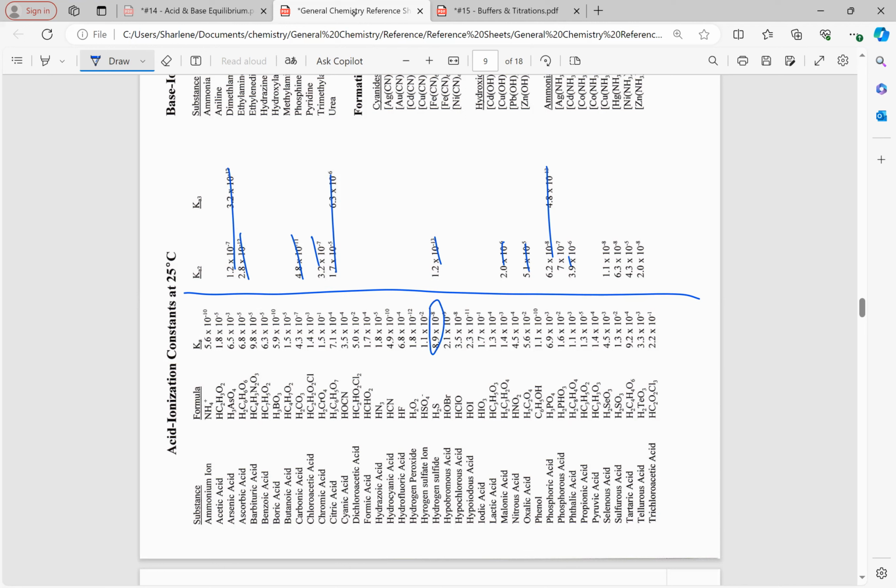That one is, except it's polyprotic. Anybody closer? Don't forget, just because it's in the -8s, look just a little bit above and below, because I need the one that's the closest. This one's nice, but it is polyprotic, so I'm not going to use that one. So I'm going to use hypochlorous acid at 3.5 times 10 to the -8.